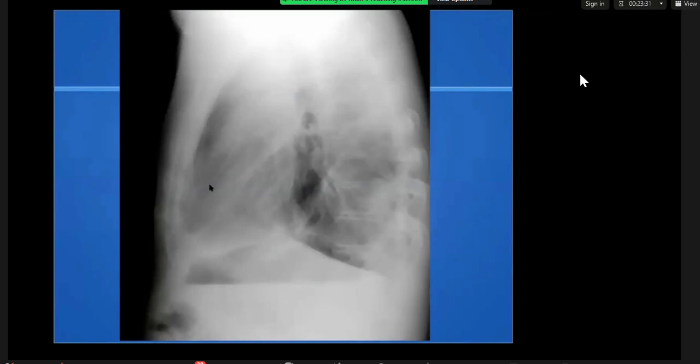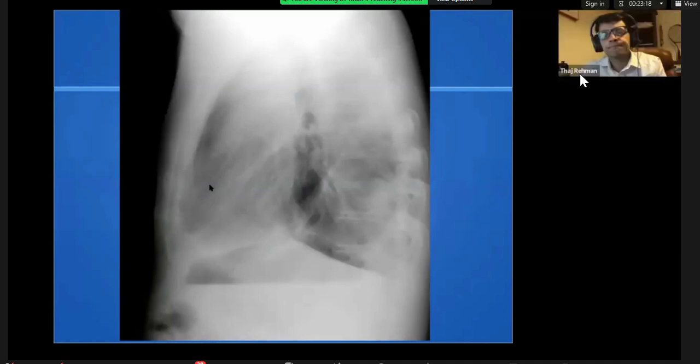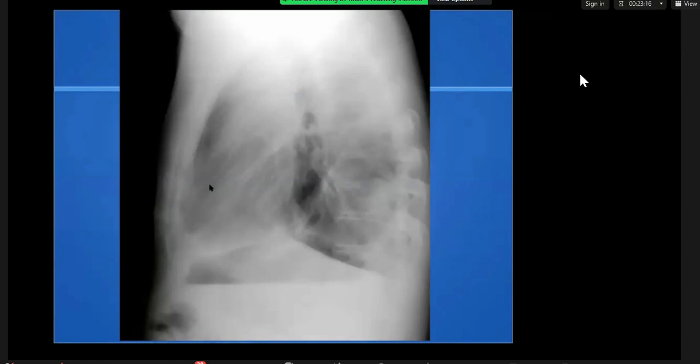So homogeneous opacity seen in the upper zone, hilar traction superiorly, and loss of the spine sign. As we track inferiorly, it doesn't get more lucent.